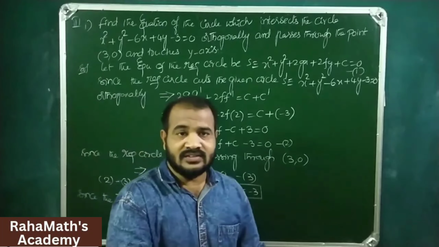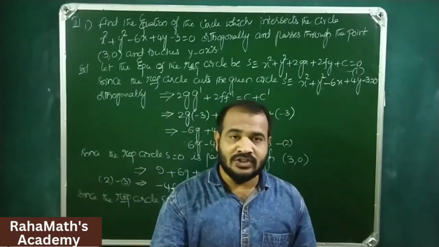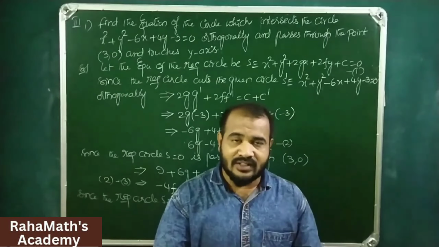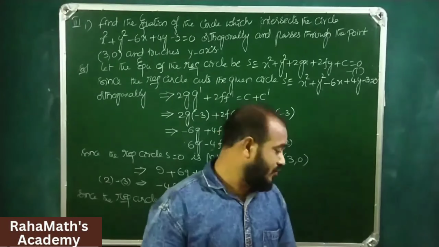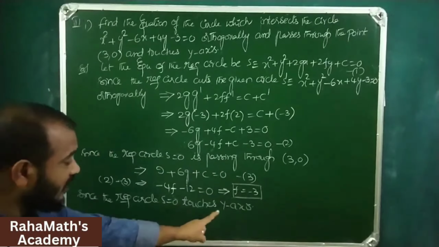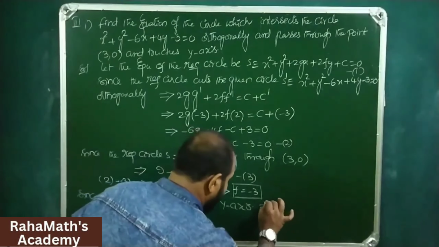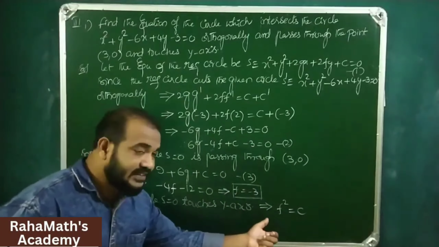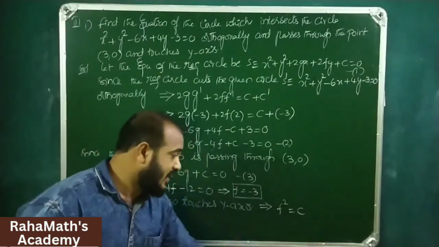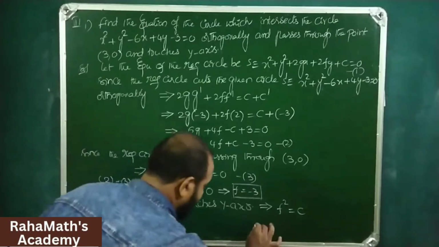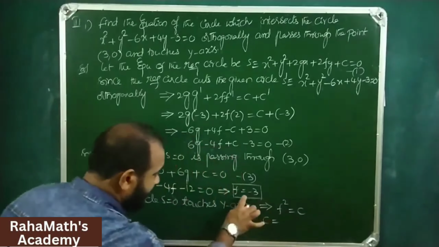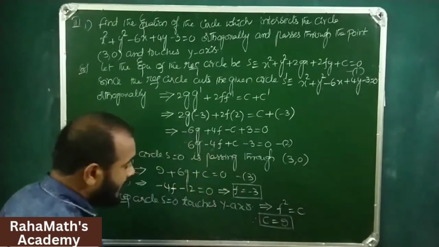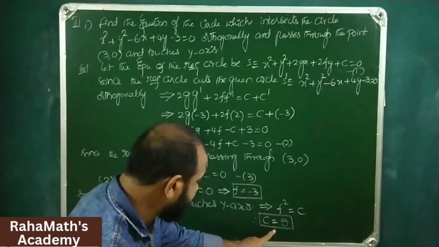If you don't know this, then please watch the circles video where everything has been clearly discussed and derived. So since the required circle touches the y-axis, f square equals c is the condition. So c is equal to f square, 3 square, 9.